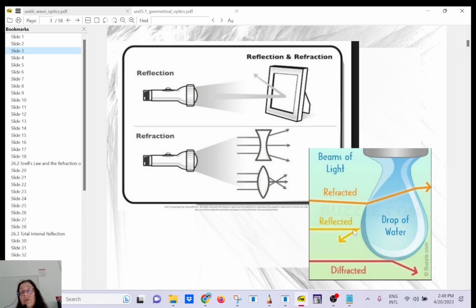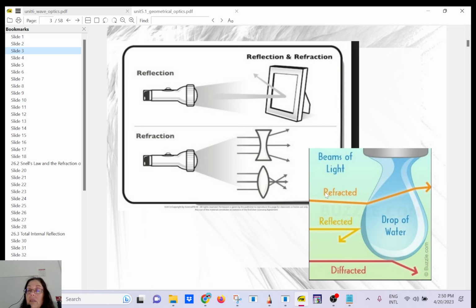You all know that light can be reflected, and we have seen that light can be diffracted. It means light moves like it's blind, and as soon as it feels a corner, it will bend around the corner. So instead of going in a straight line, it bends around the corner.